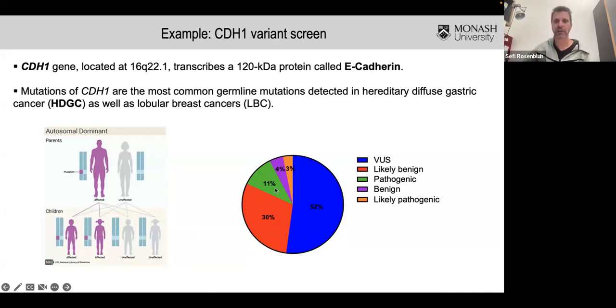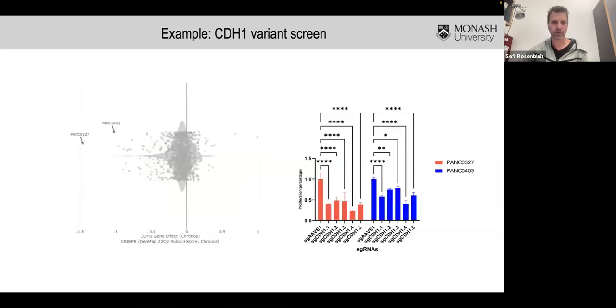Most of the pathogenic variants are known nonsense variants, but a lot of the missense variants are not classified. So I'll show you here how we are using base editors in this. We're also doing it with scanning mutagenesis, but right now I'll just show you the base editor screens.